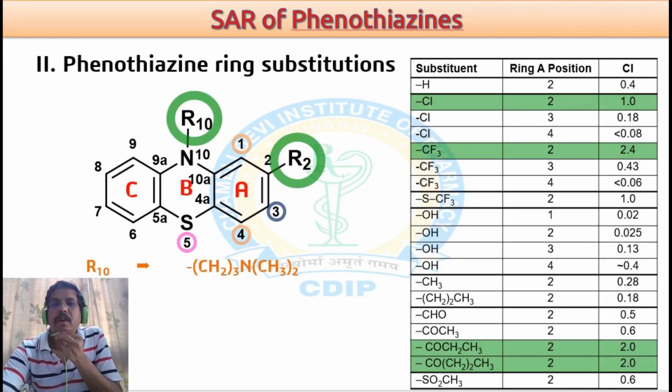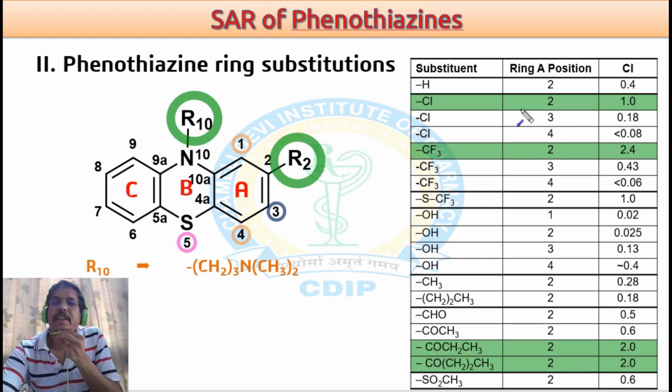So if you look, the key structure remains the phenothiazine ring and R10 substitution in the form of 3 carbon bridge with the terminal dimethyl amino group, and R2 is chlorine, especially in case of chlorpromazine.